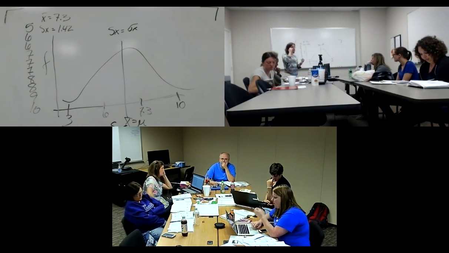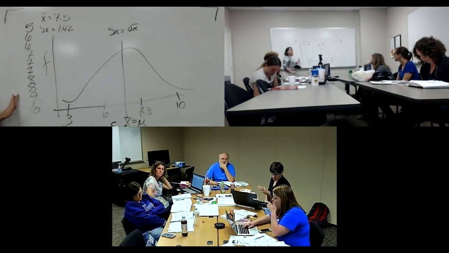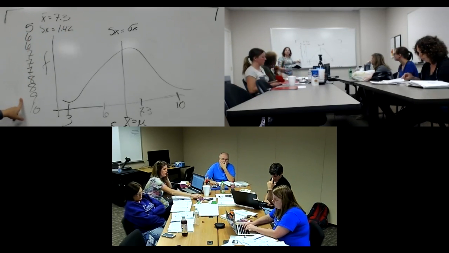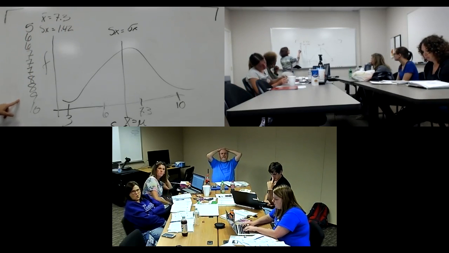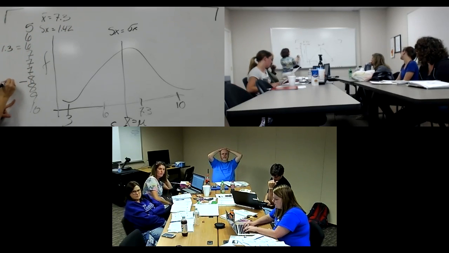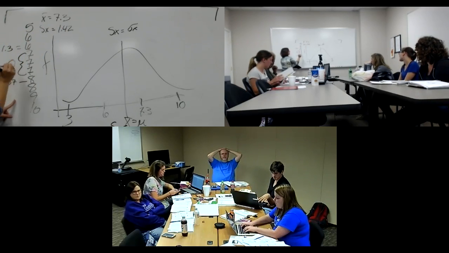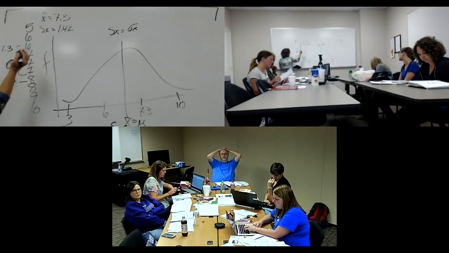But then, of course, just like in our sample, our mean was 7.3, not every score is 7.3, right? There's going to be some deviations from that. A 6, the deviation is 1.3. The 8 is 0.7. This right there is 0 because that's the mean, well, 7.3, close enough.